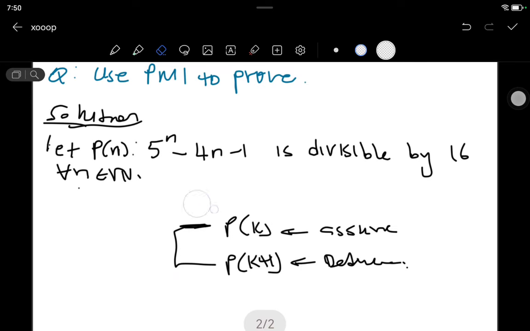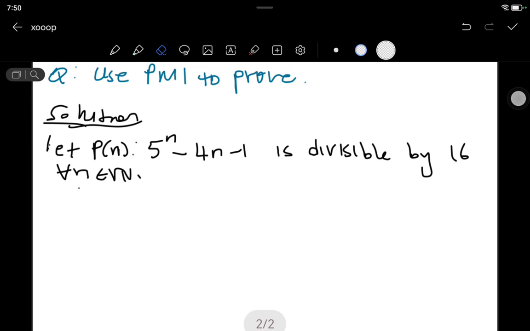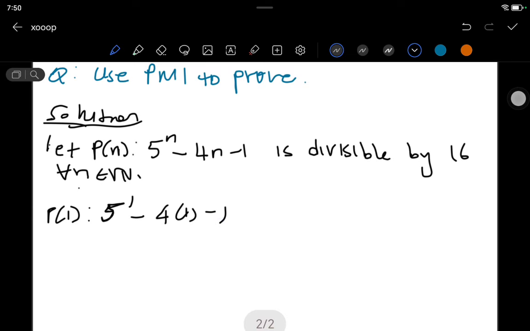You see, right? So what we are going to be checking first is P of 1. When I check P of 1, it means that I'm going to plug in 5 to the 1 minus 4 times 1 minus 1. Then the question is, what do we get here? We get 5 minus 5, which is 0.